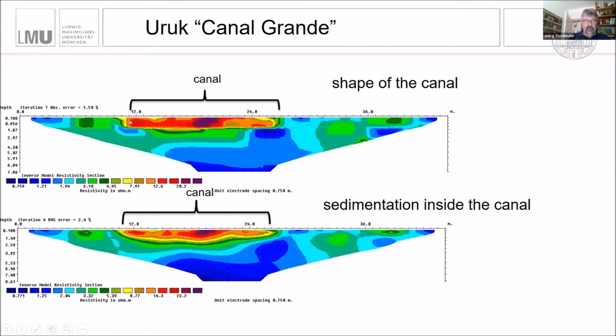In the first processing, I think it's the Wenner configuration, we measure exactly the shape of the canal, and when we apply another processing on the data, we see something about the sedimentation inside the canal. So you see here traces of the sedimentations, while here we focus on the shape.